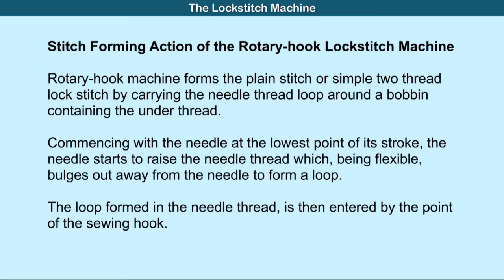Rotary hook machine forms the plain stitch or simple two-thread lock stitch by carrying the needle thread loop around a bobbin containing the under thread.